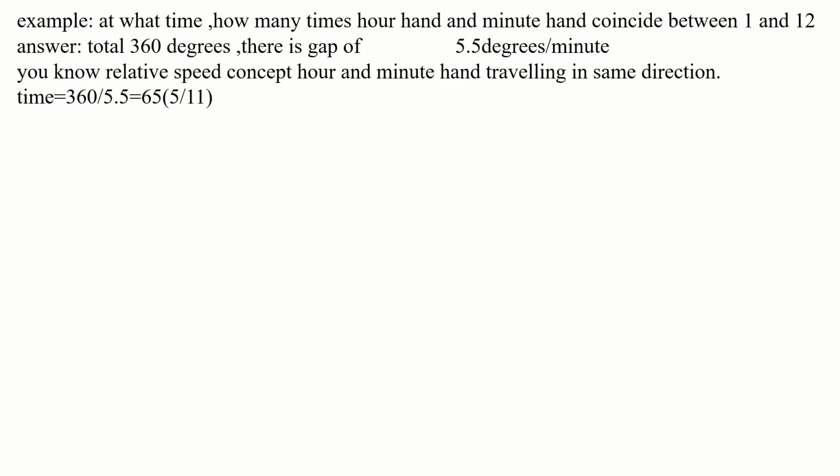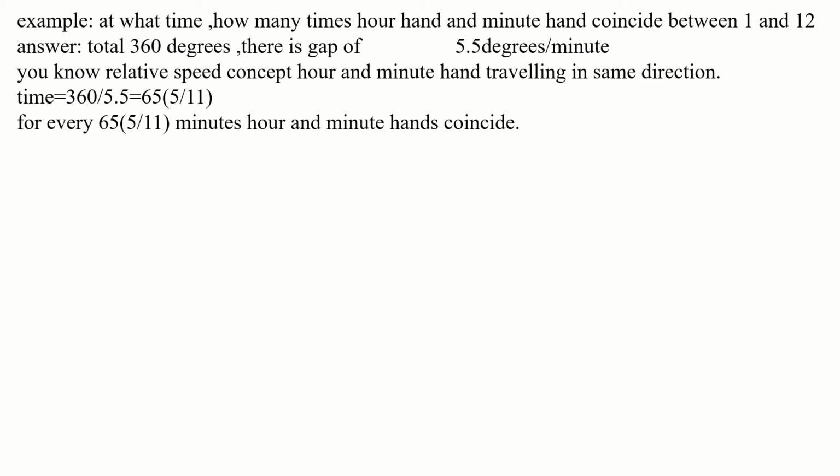So for every 65 5/11 minutes, you get a coincidence. Means at 12 o'clock, the two hands will coincide. So after 12 o'clock, if you add 65 5/11 minutes to that, we get 1 hour and an extra 1 hour.